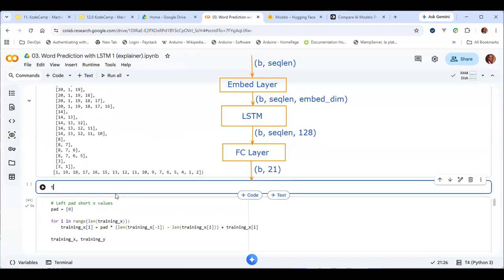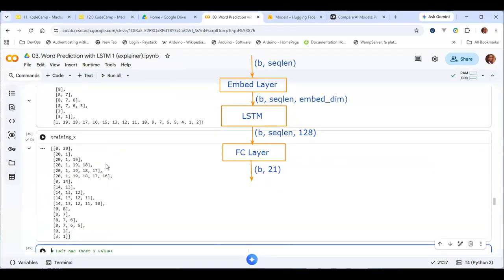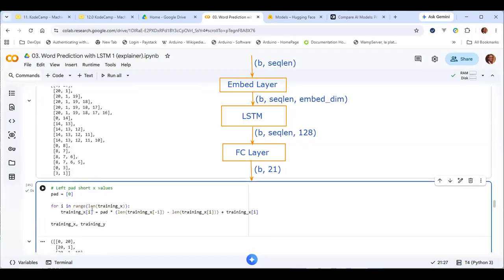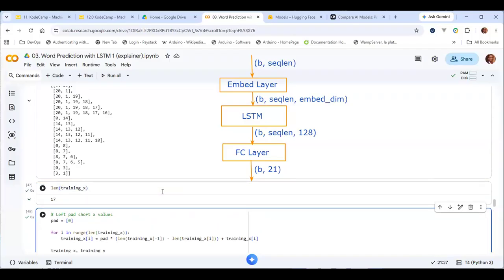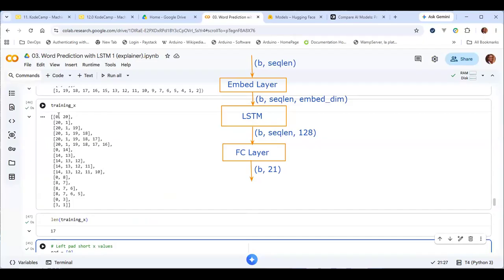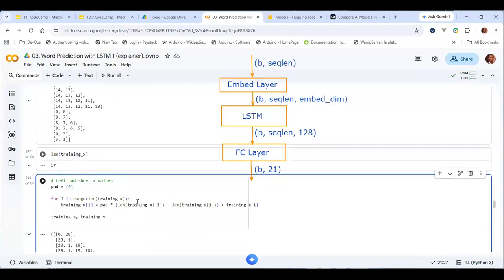There's a bug there. The padding is not padding properly. So let's check a few things. Length of training X is 17. There are 17 data samples. Okay. So it's only padding the first one.